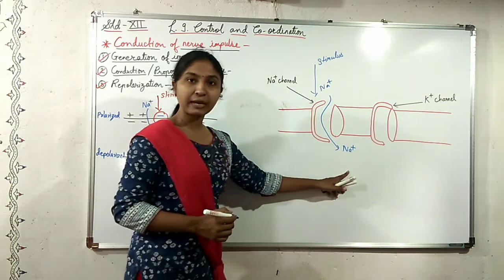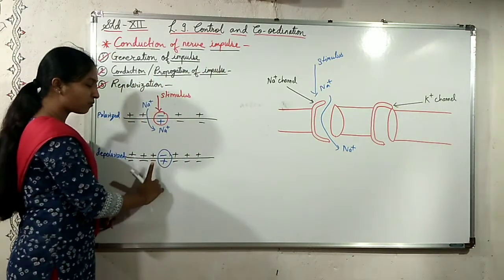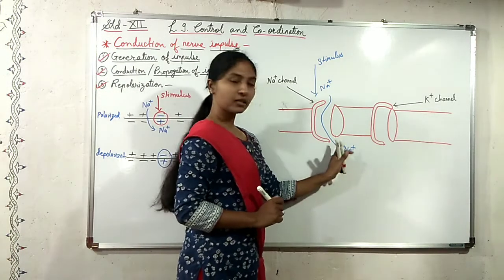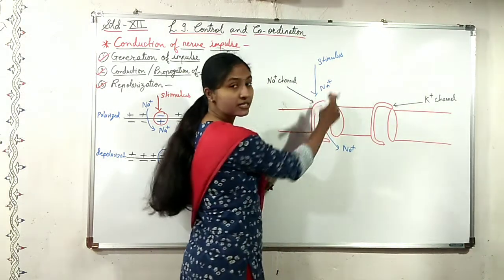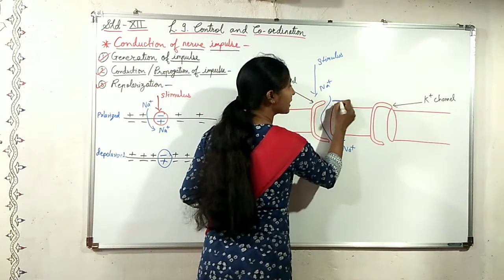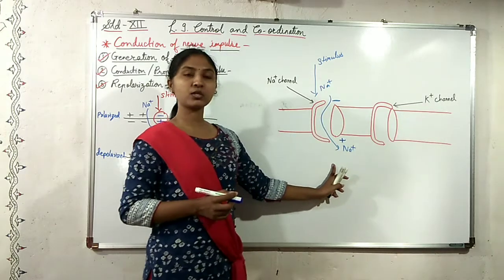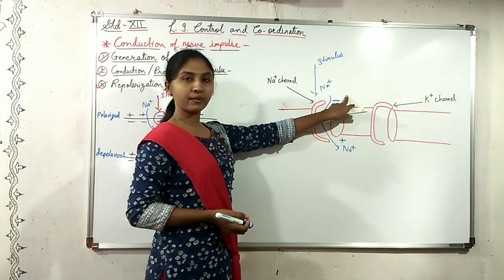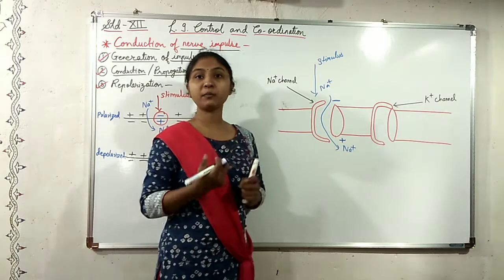When the impulse travels from one point to another point, the sodium ions travel from one point to the other point. As the sodium ions entered through the sodium channel voltage gates, the inner side became electropositive and the outer side became electronegative. Here we said that the impulse was generated and the membrane has become depolarized.